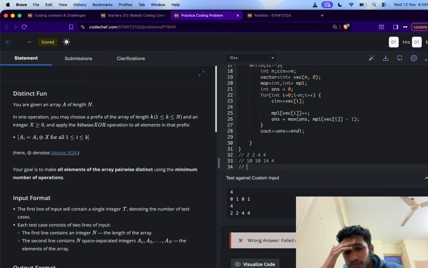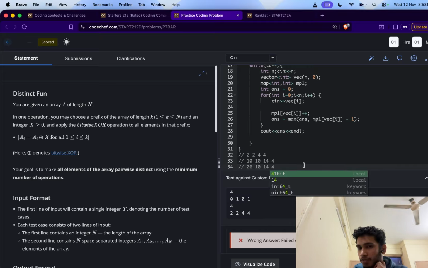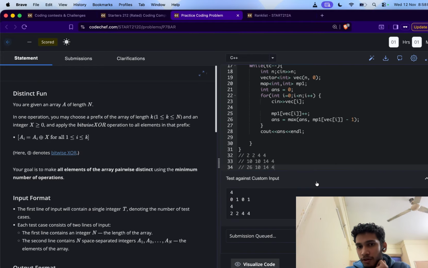Correct? Now again, we need to apply an operation because these two tens are matching. Let's say we did it with 16, so it's 26, 10. And what is the number of operations required? Two operations are required, and our answer was 1, which is wrong.